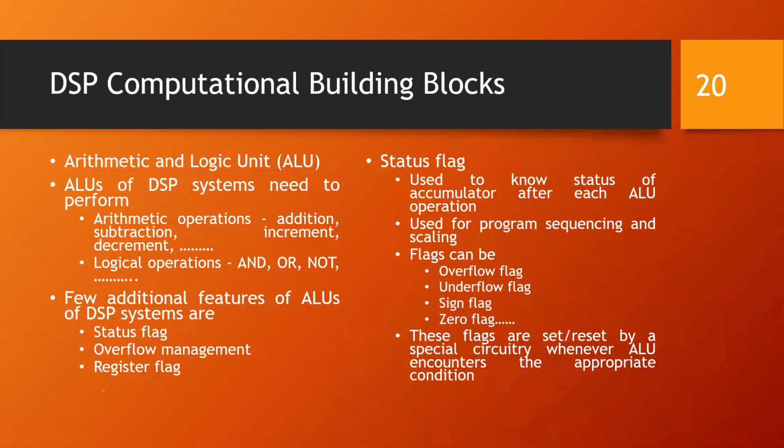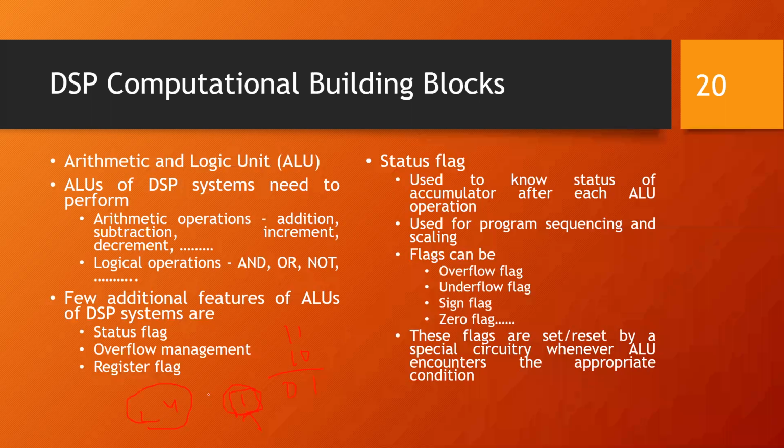Apart from these, in your implementations you also have some other flags. What is the purpose of the flag? The purpose of the flag is to indicate whether an event has occurred or not. Suppose you are adding two numbers, and a carry has been generated. How do you keep track of whether a carry is generated? You make use of the carry flag.